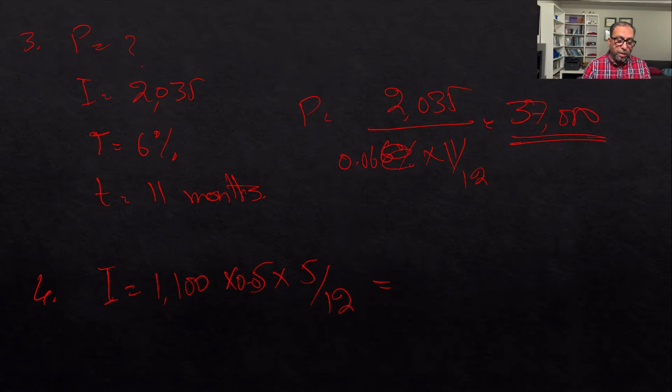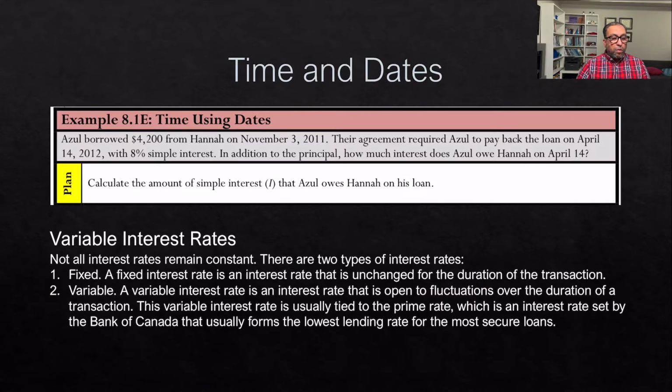So if we find it out, the interest is $22.92. So we see here there is one formula for interest income: I is equal to PRT. There are 4 variables in that formula, and we can find any variable out of it. One more thing here which is important to understand.